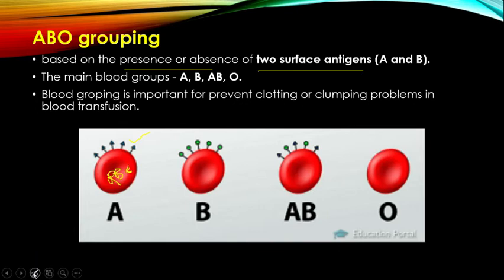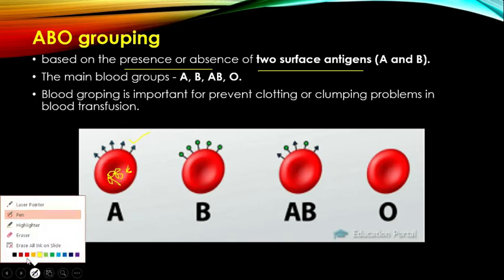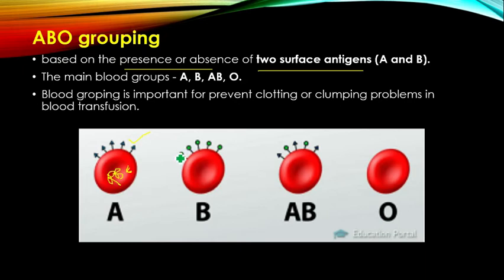Based on the presence or absence of the type of antigen, we can see the formation of different varieties of blood groups. If RBC contains antigen A on its surface, then that belongs to the A blood group.